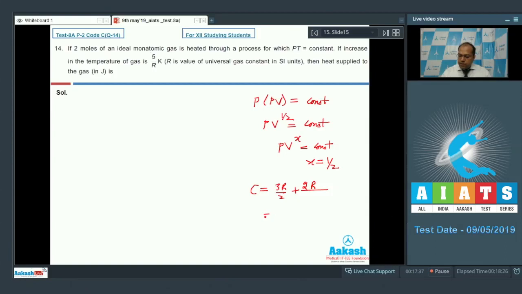On solving, it comes out to be 7R by 2. So the heat supplied can be written as n C dT. The value of n is 2, the value of C is 7R by 2, and the value of dT is 5 by R. On solving, it comes out to be 35 joule. So the correct answer for question number 14 is 35. Let's move to question number 15.